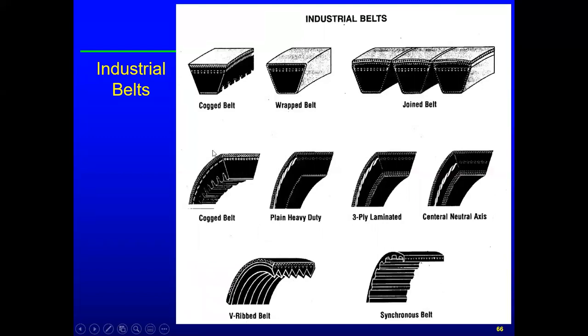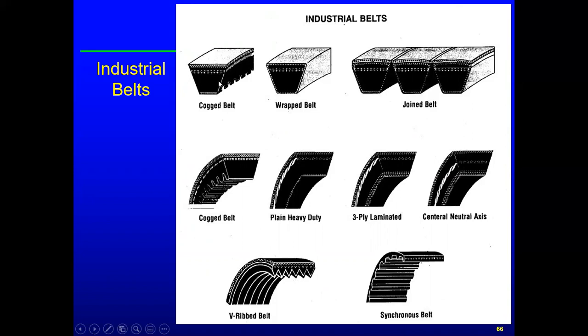Notice that you have V-belts, and you can join them and have multiple belts. But there are cogged Vs and standard Vs, and there is reported to be some energy savings going from a standard V to a cog V. It's not huge, maybe 1.5, 2, up to 3%, but you don't have to change sheaves or anything.